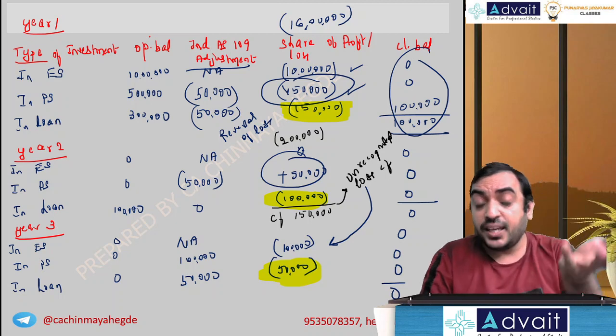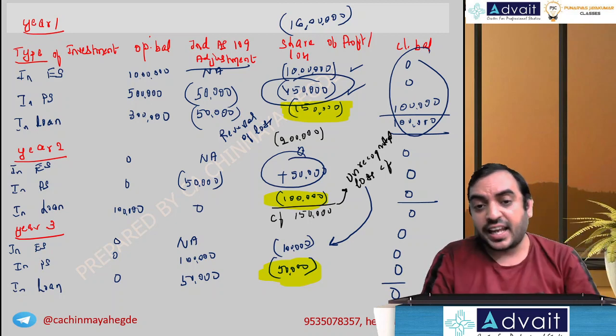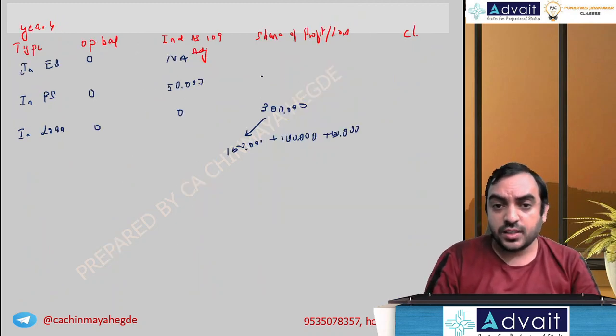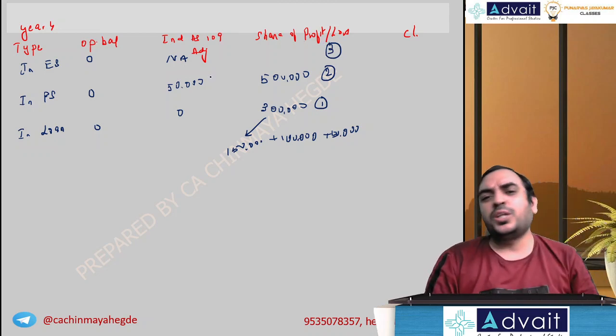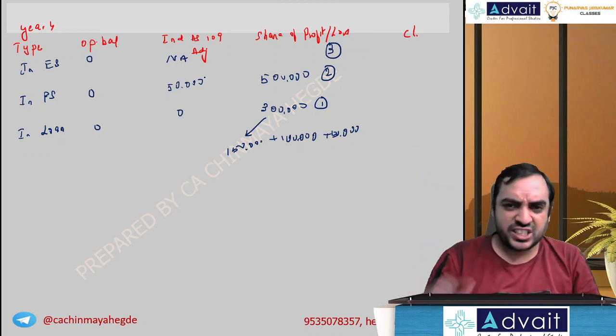So 4,50,000 minus 50,000 plus 1 lakh, I think 5 lakh, right? Correct, 5 lakh. So 5 lakh comes in preference shares. The loan is first, preference share is second, and the balance amount will go to equity shares. You need not worry about the balance for equity shareholders, because the balance entirely goes to equity shares only.